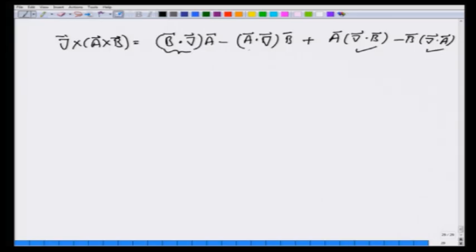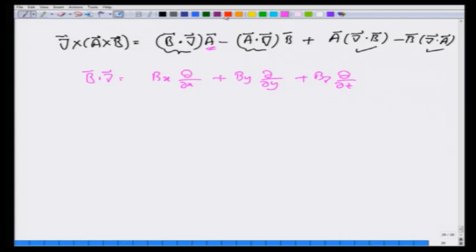What this term or this term means is B dot del means B x d by dx plus B y d by dy plus B z d by dz, and this operates on this vector A, giving a vector quantity.